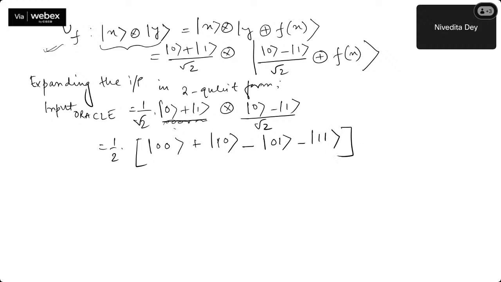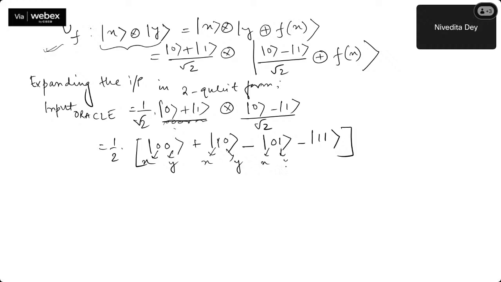I hope it's simple, the way we do the product. It is in the 2-qubit form where this is x and this is y. Why I'm writing in this way, we'll understand from the subsequent step, why the previous step is framed in that way.